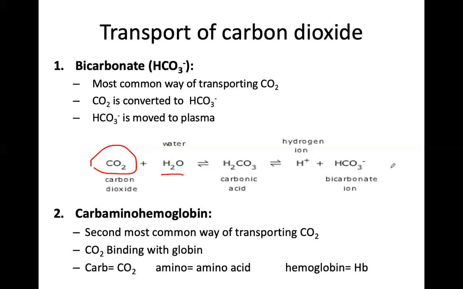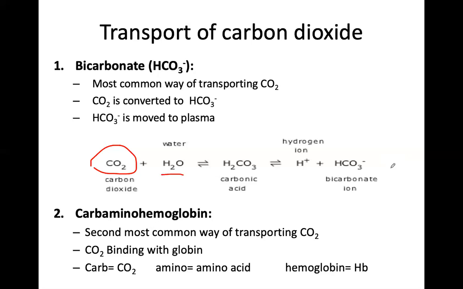So what is another mechanism that your body uses to carry carbon dioxide? We have talked about it earlier. It is the amino acids, or more specifically, the protein subunit called the globin subunit. Whenever carbon dioxide binds to the protein region of your hemoglobin, it forms what we identify as carbaminohemoglobin.